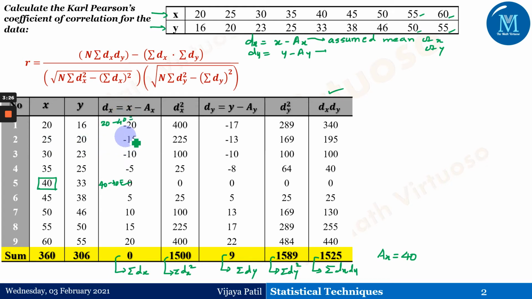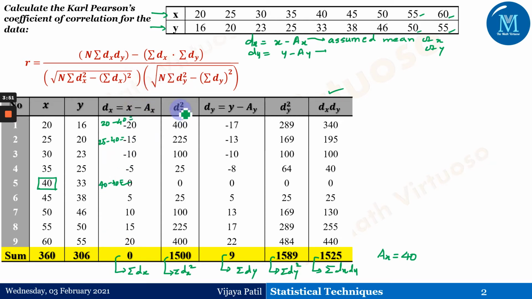Then minus 15 is the subtraction of 25 minus 40, and so on. In this way, from the corresponding x column we have subtracted 40: 20 minus 40, 25 minus 40, 30 minus 40, 35 minus 40, and here 60 minus 40, and so on. These are the numbers coming under the column dx.